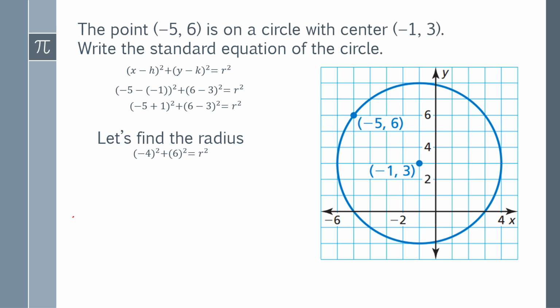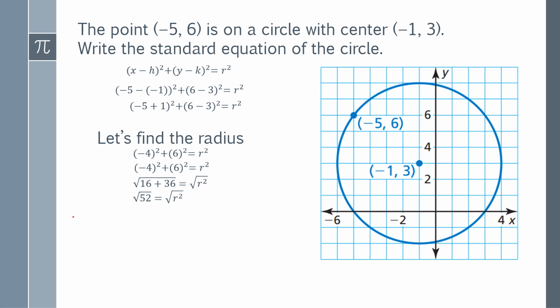So now let's go ahead and find the radius. Again, this sounds like something that you have been dealing with all the time, and we're going to get to it momentarily. So we know -4 squared is what? 16. And 6 squared is 36. When we add those together, 16 plus 36, we get 52.